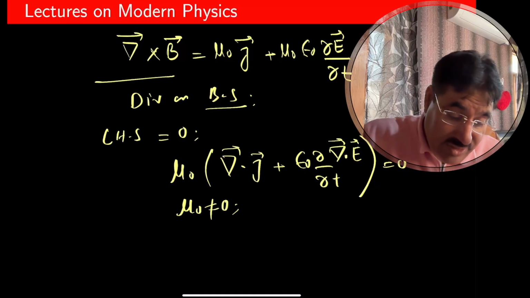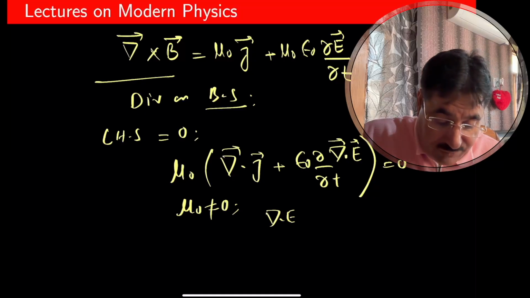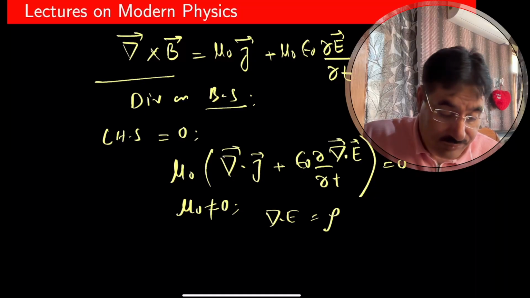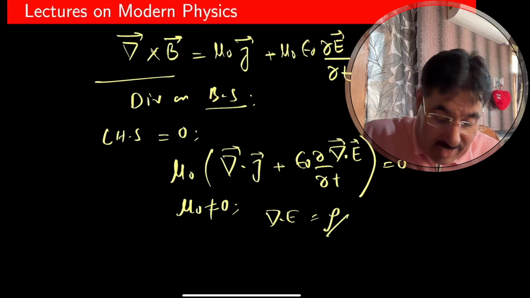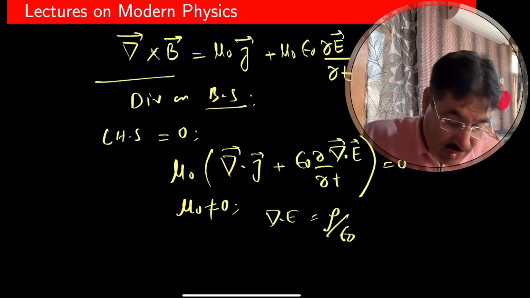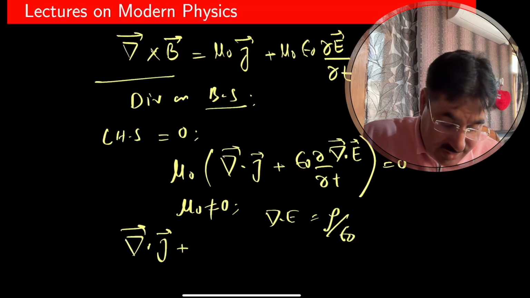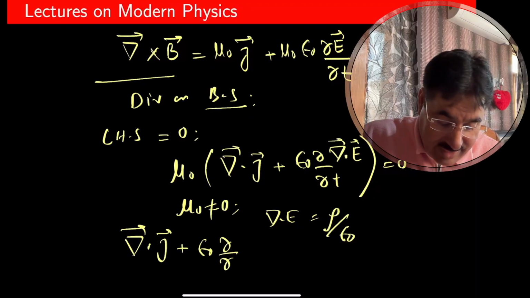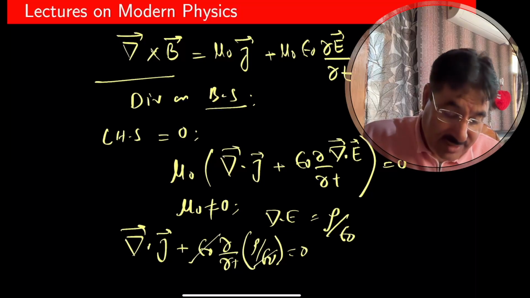Now, what is divergence of E? From the first equation, divergence of E is rho by epsilon naught. That epsilon naught and this epsilon naught will cancel.